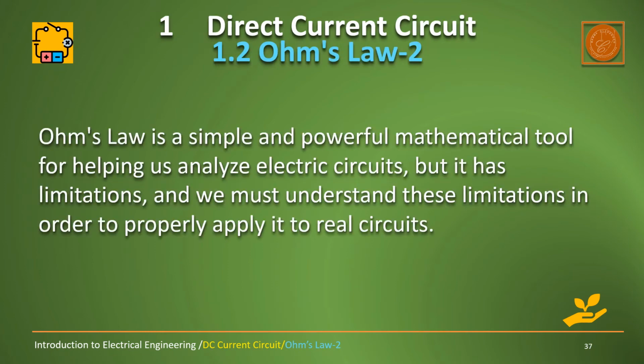Ohm's law is a simple and powerful mathematical tool for helping us analyze electrical circuits, but it has limitations, and we must understand these limitations in order to properly apply it to real circuits.